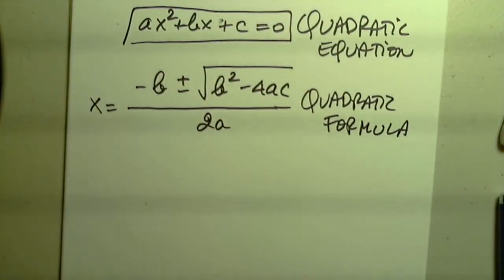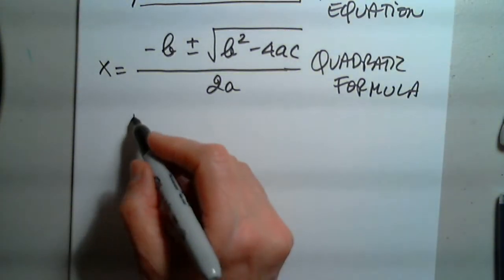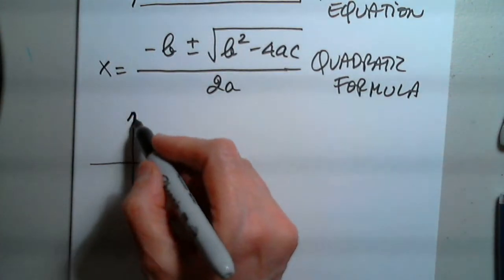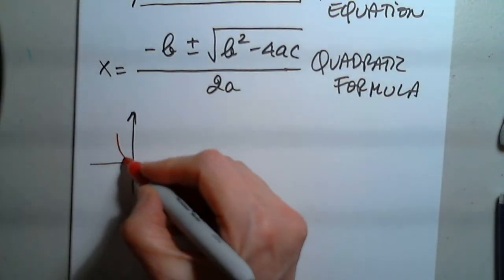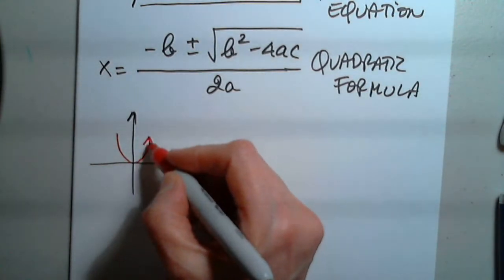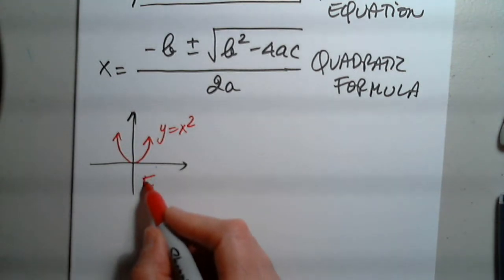Now the graphs, I think we already discussed that. Polynomial functions, we're going to discuss them in detail. And let me just give you some idea. So the quadratic function one more time looks like this. It's symmetric with respect to the y-axis. So y equals x squared, and this is called an even function.